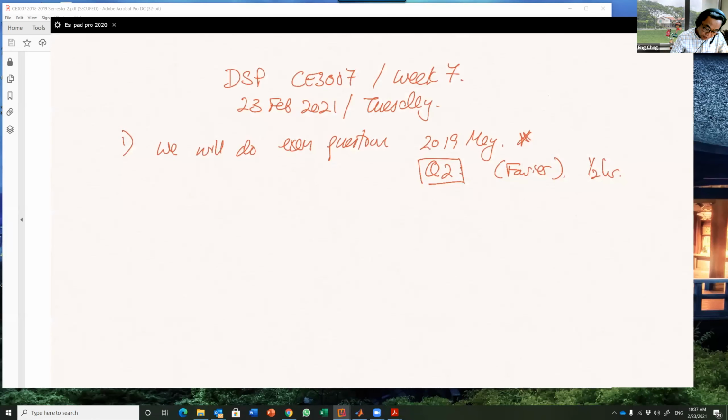All right, let me write down. So this is x of n. 0, 1, 2, 3, 4, 5, and so on. And this is n, and this is x of n. Now I change the color, and x0 is 1. Then we have 2. This is 1. This is 2, and x2 is 4.